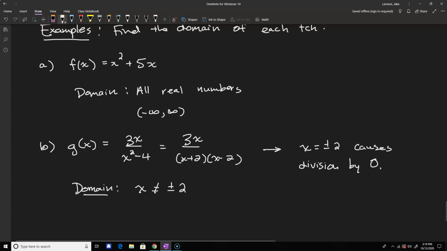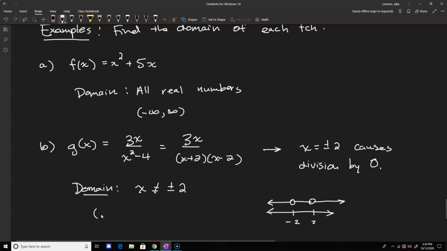In the interval notation, that's a little bit trickier. Basically, if you think about the graph, you have your negative 2 and your positive 2, and you essentially want to shade everywhere else. So because we have two open dots, we're going to have two union operators.